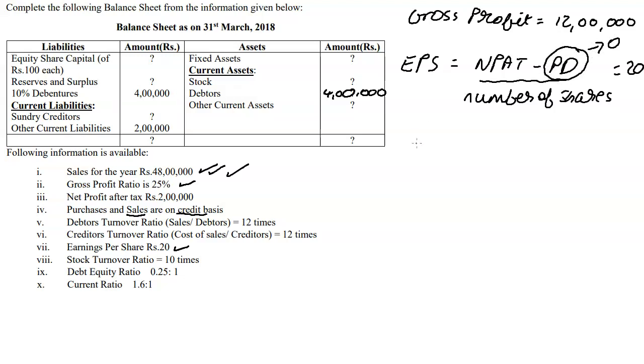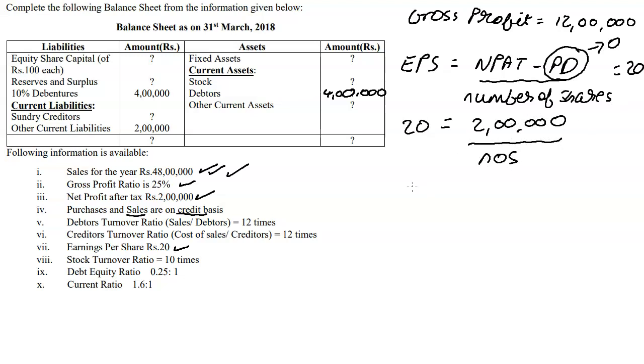And we have data for net profit. Okay, so your net profit after tax, so 20 is equal to 2 lakhs upon number of shares.